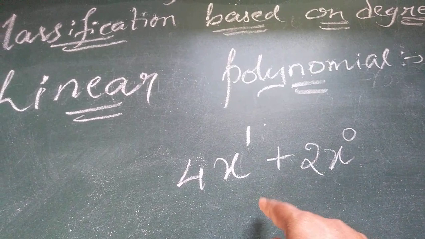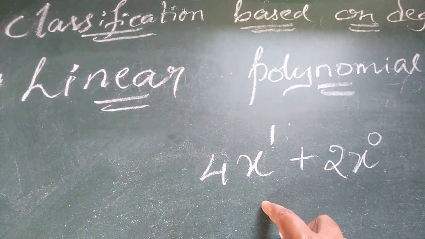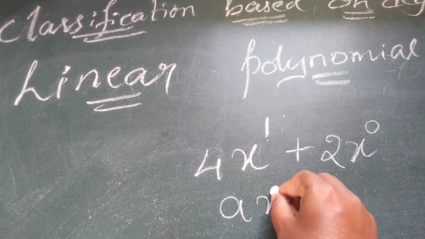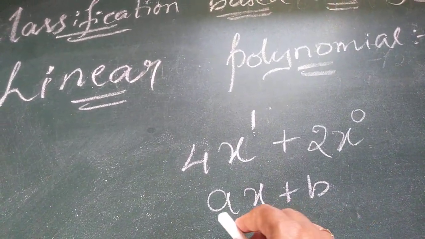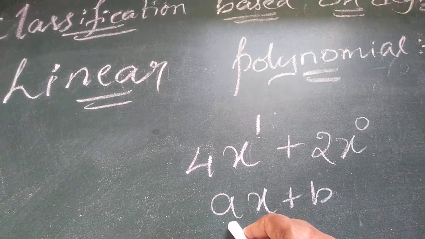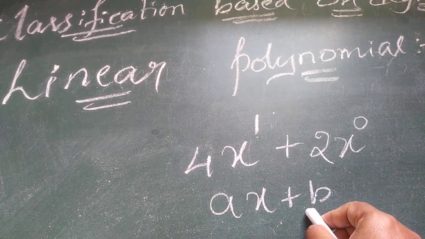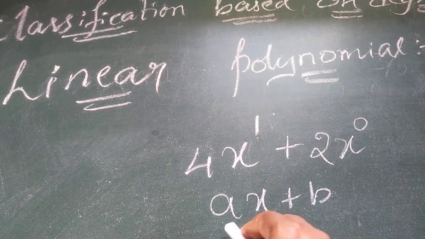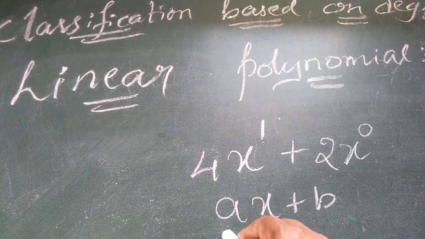So, always in a linear polynomial, in general form we write it as ax plus b, where the coefficient of x, a, will not be equal to 0. Otherwise, if it becomes 0, the x term will become 0, then it becomes a constant polynomial. Hence, the coefficient of x should not be equal to 0.